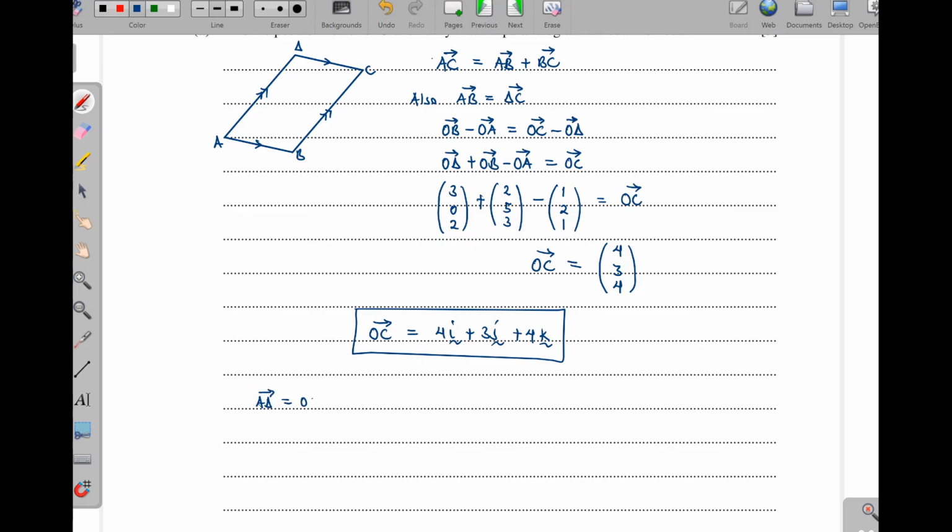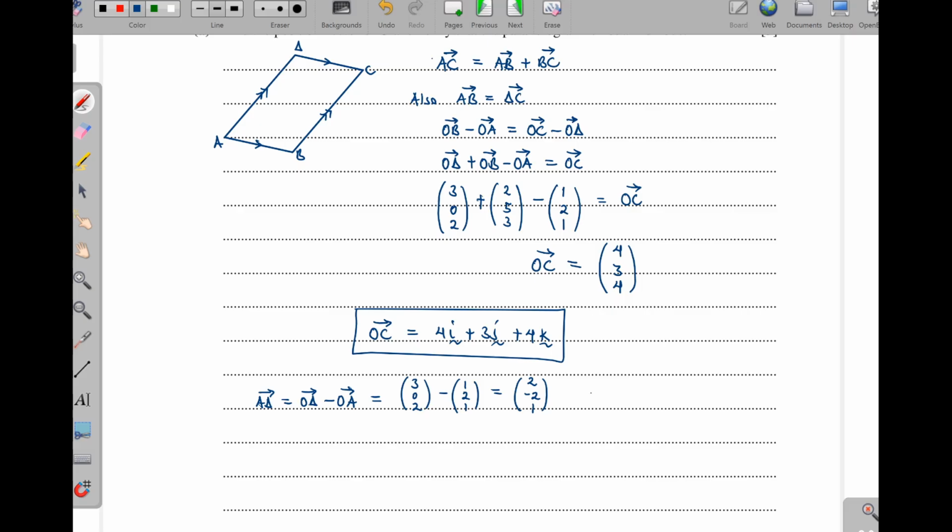Like I said, that is OD minus OA. So our OD is 3, 0, 2, then minus our OA, which is 1, 2, 1. It's right here. Then this one will give us 2, negative 2, 1.